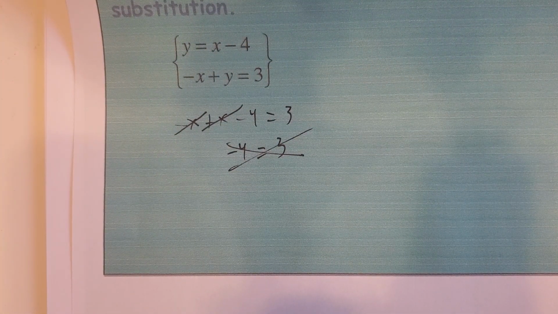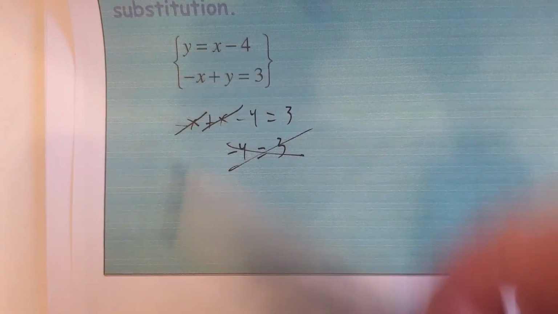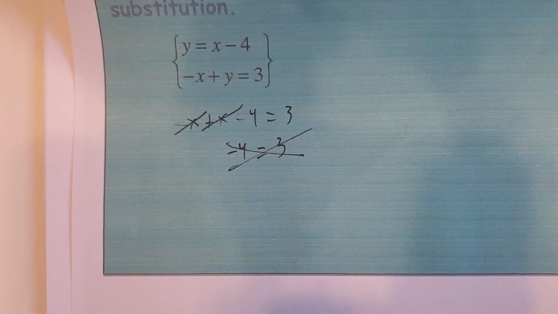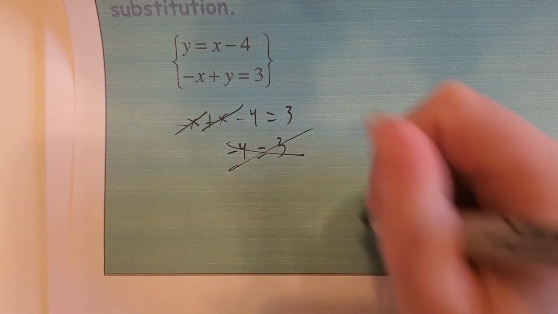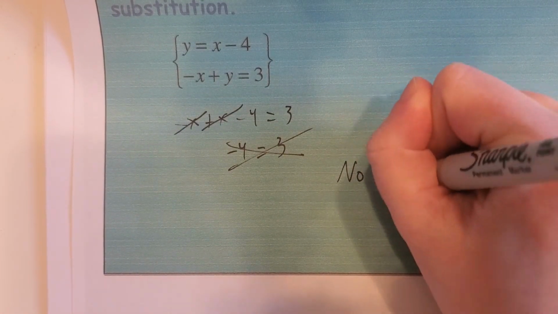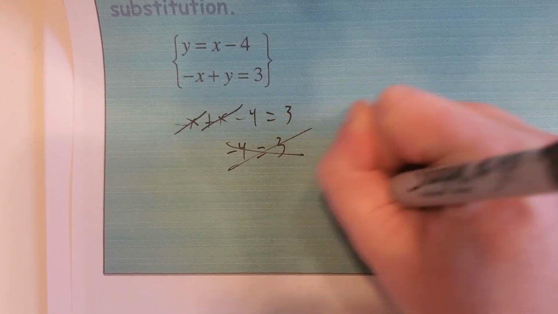If we have something that says negative 4 is equal to 3, that's never true. So we are never going to be able to find a pair of x and y values that make both equations true no matter how hard we try. So because we can't solve this problem, there is no solution.